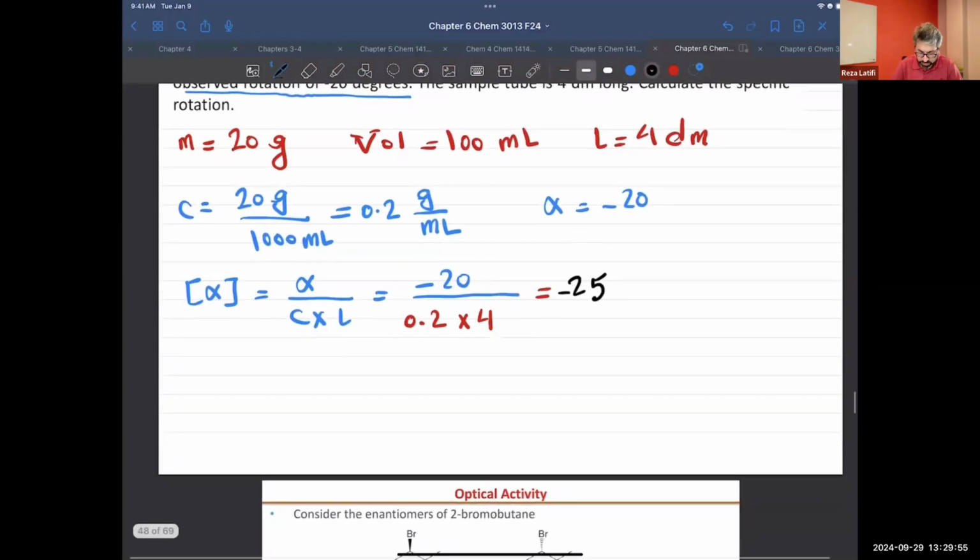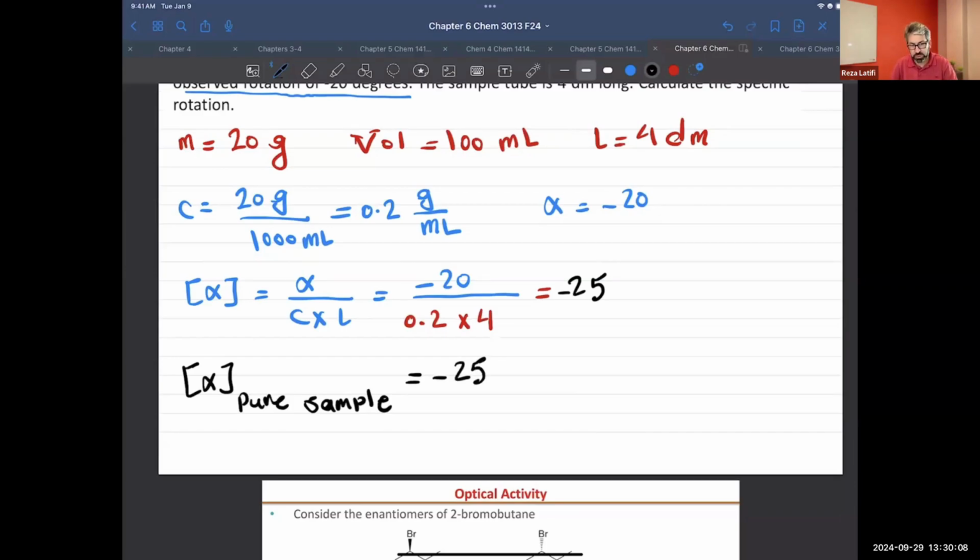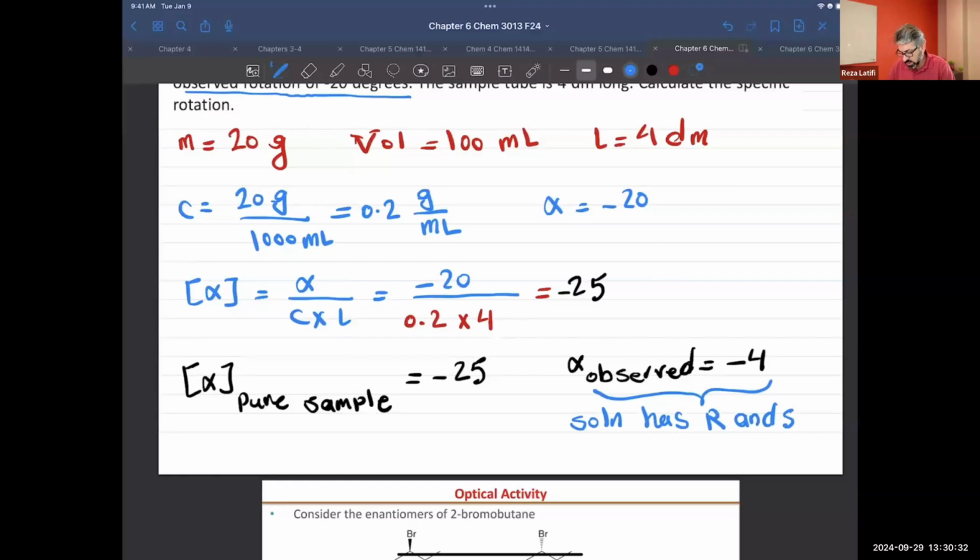What does it mean? For a pure sample, the rotation will be minus 25. So how come the observed is minus 4? It means the solution has R and S enantiomers, or you're dealing with a mixture.